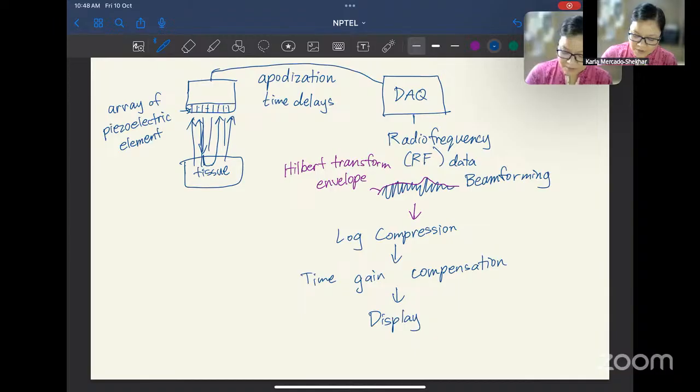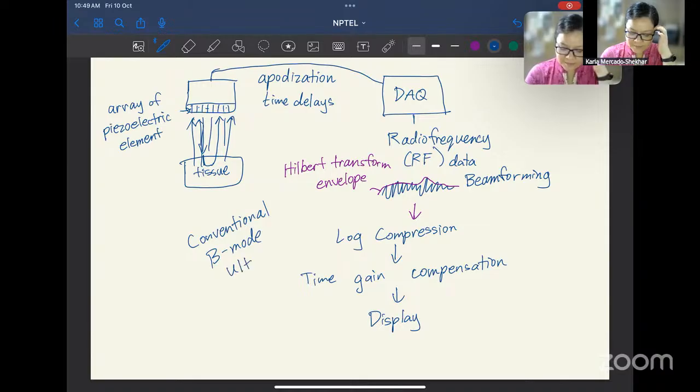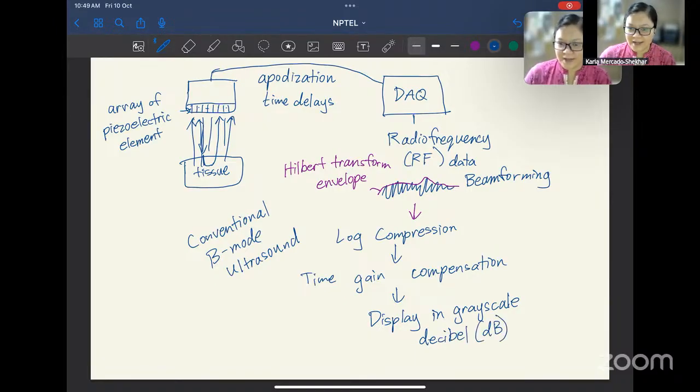And so what I'm showing you here is for your conventional B mode ultrasound. And it's usually plotted in grayscale. Display in grayscale. And if you log compress, it will be in decibel, in dB scale.